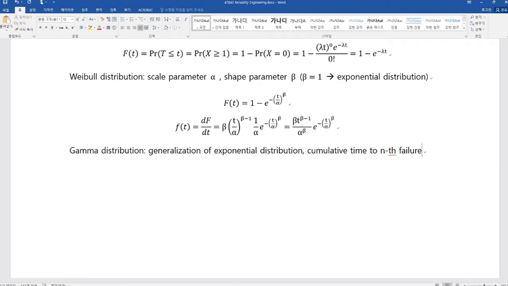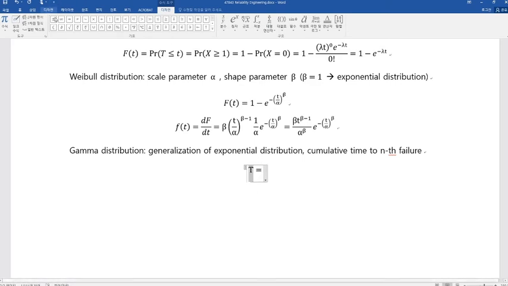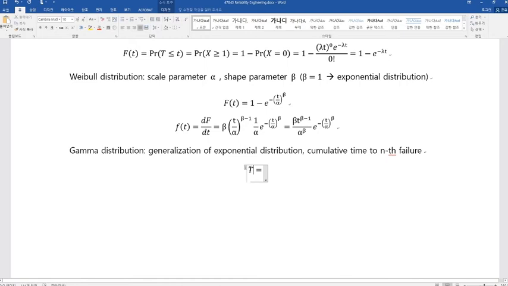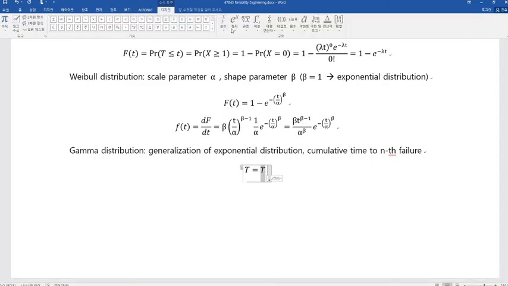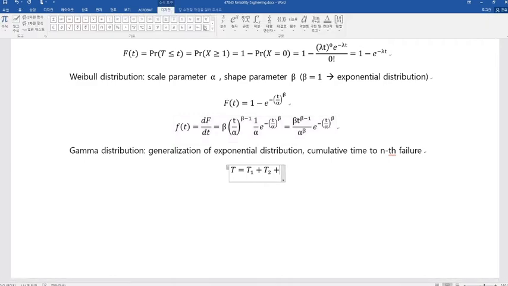So cumulative time to nth failure. That is, this T is given as the first one plus the second one plus, and it goes on and on, plus the nth failure.